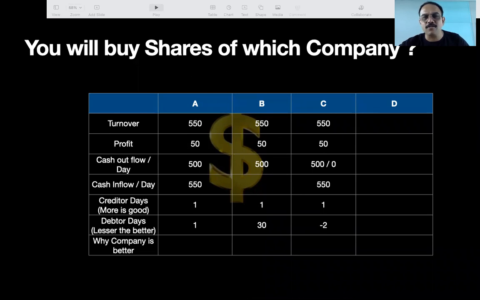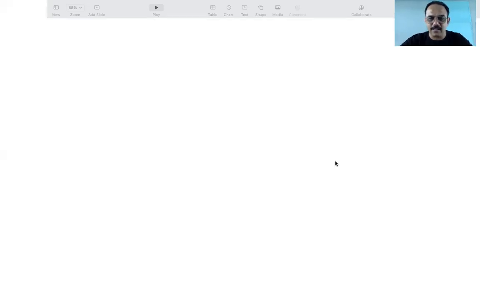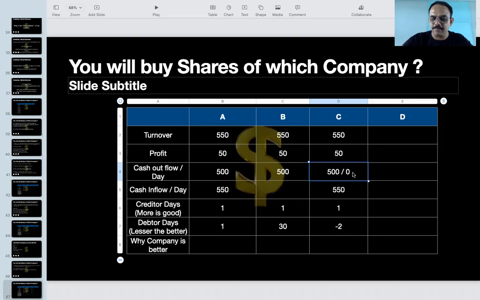The question asked by Ishita is about cash outflow. I have written 500/0 because it is not their money, it is someone else's money. They have already taken money in advance and are giving it to the supplier. But if it is confusing, let's delete this. Cash outflow is anyway 500. Yeah, you're right.